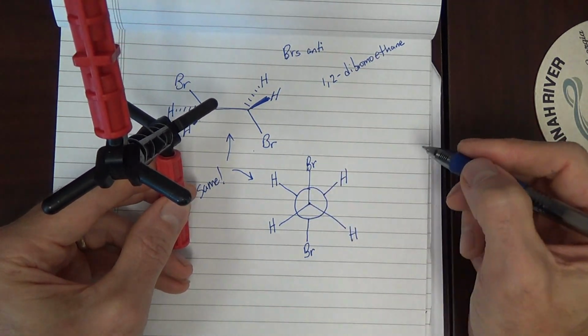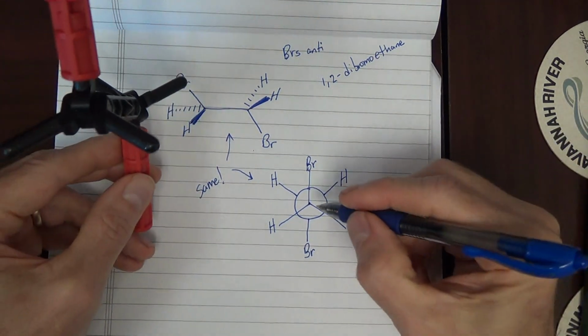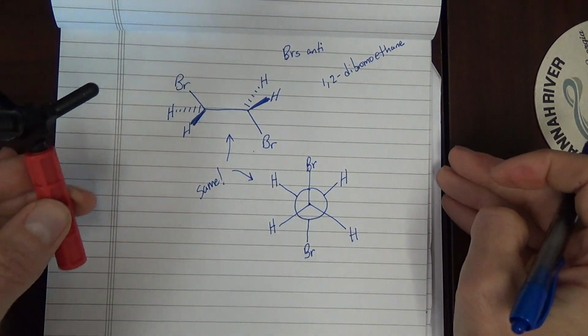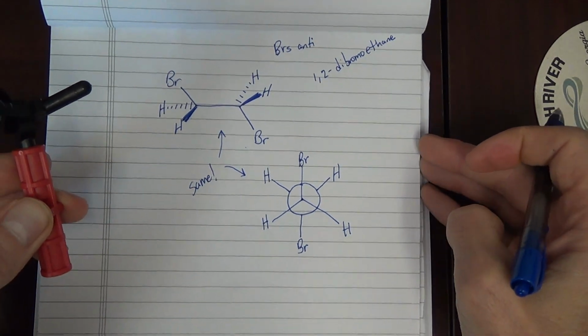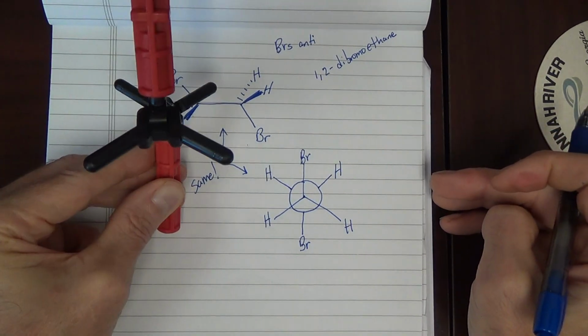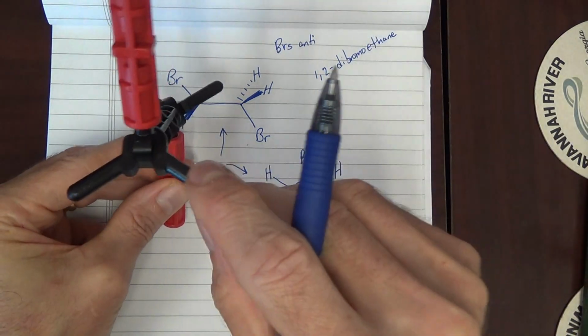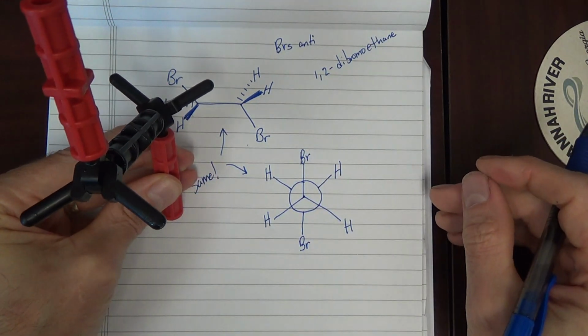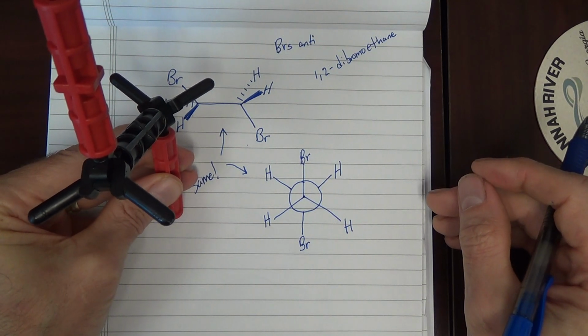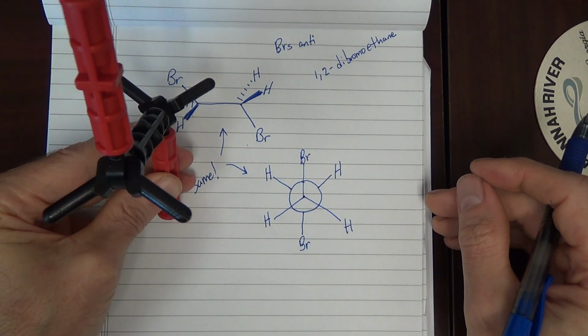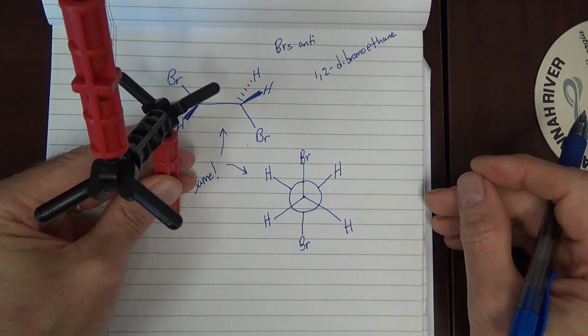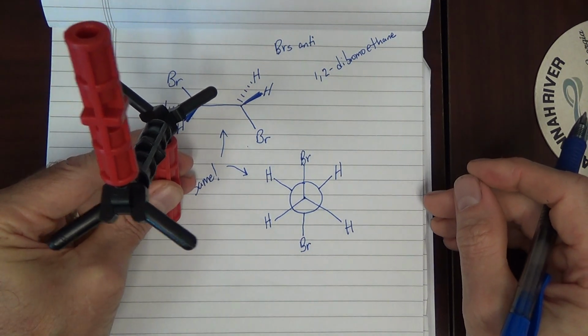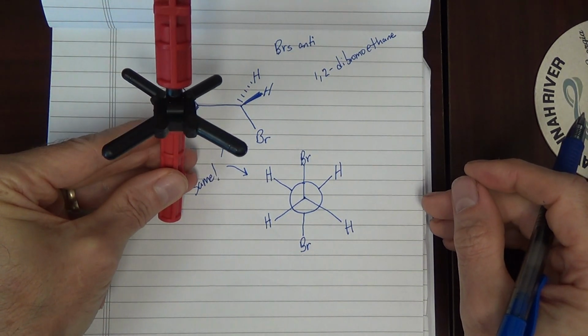Very useful. So we need to learn how to draw and discuss Newman projections. Newman was at Ohio State back in like the 60s, 1970s. I actually worked with someone a while back who worked with Newman and had some stories about Professor Newman.